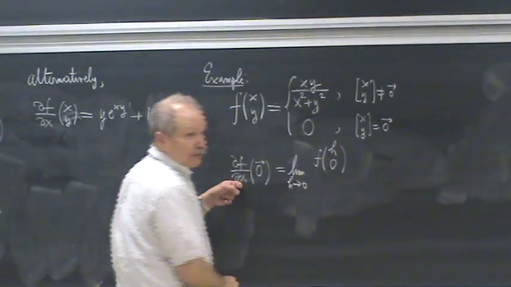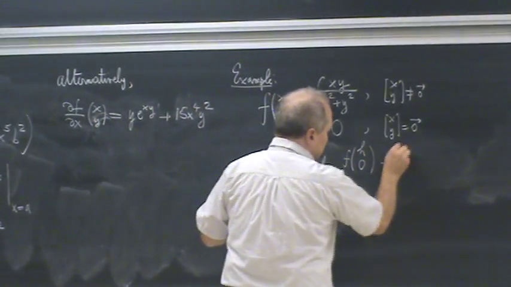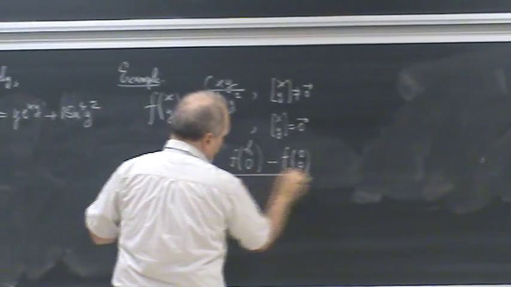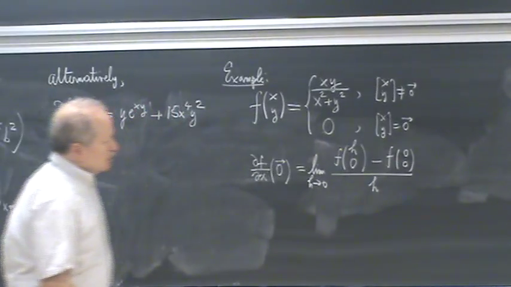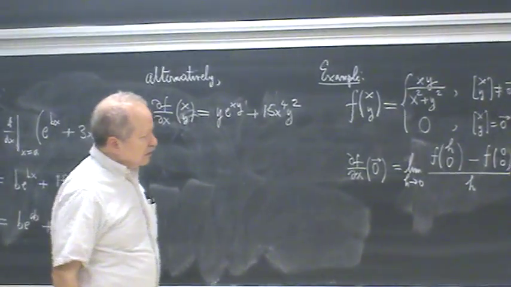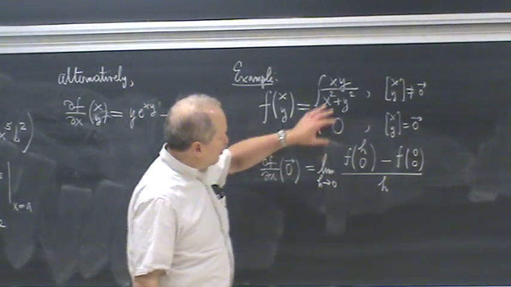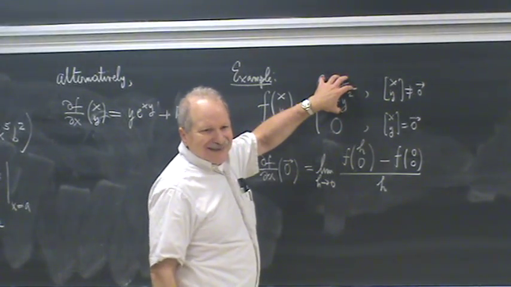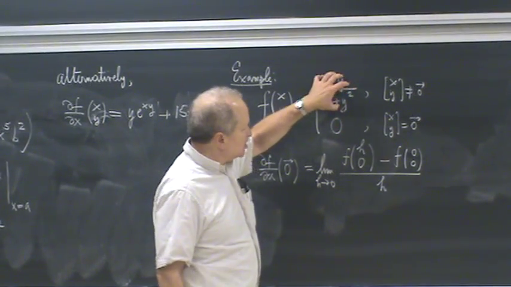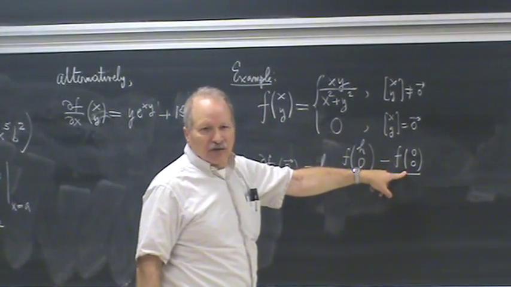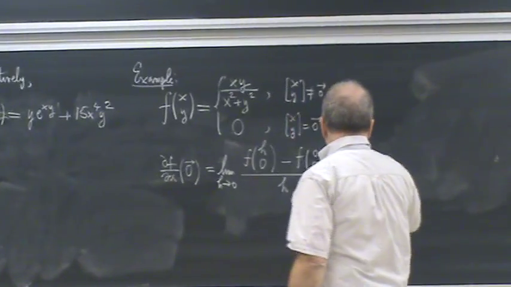So it's f(h, 0) minus f(0, 0) over h. This is different from using this rule at a general x and y, because this rule doesn't make sense at (0, 0). So what do I get when I do this?